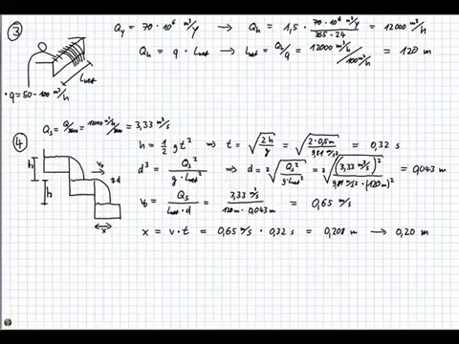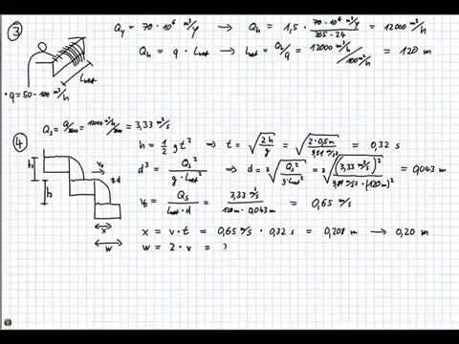However, we want to calculate the width, and if we look back at the drawing, the width of one cascade is actually twice x, because we want the water to hit the middle of the cascade. So W equals 2x, which is 2 times 0.2 meters. So the width of one cascade is 0.4 meters.